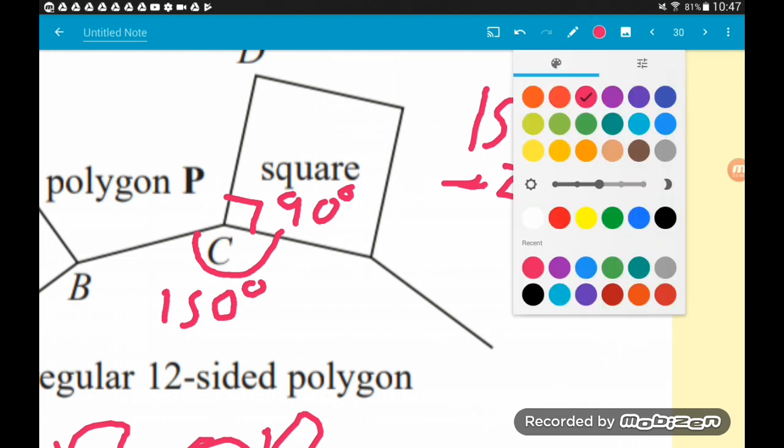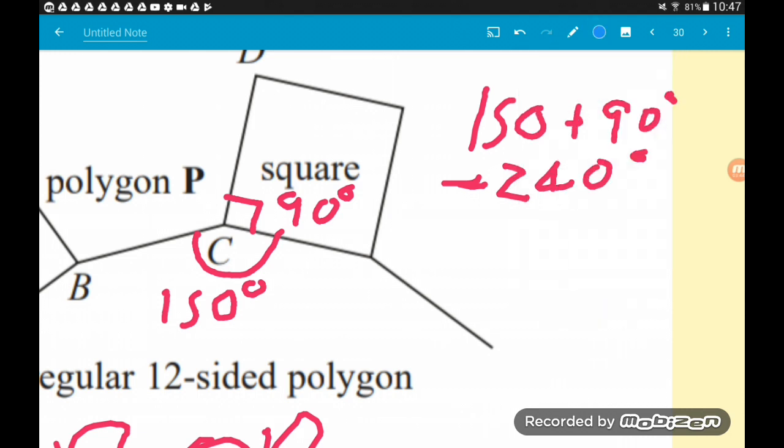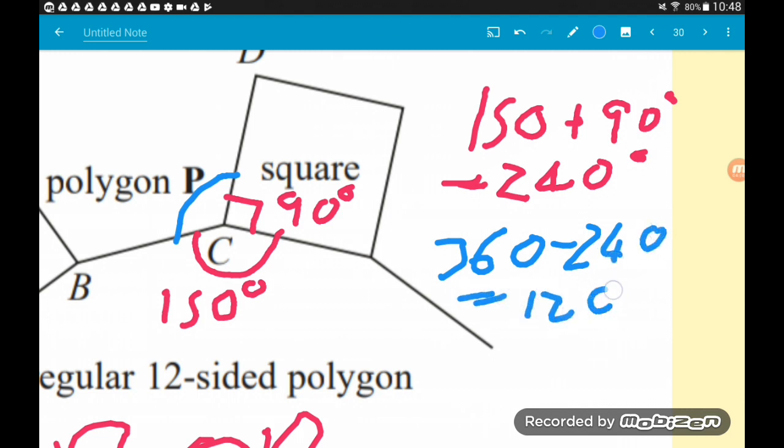So what we can do now is work out this angle here, the interior angle of polygon P. Angles around a point sum to 360, so we're going to do 360 minus 240, which is 120 degrees. So we know this angle here then, the interior angle of polygon P, is 120 degrees.